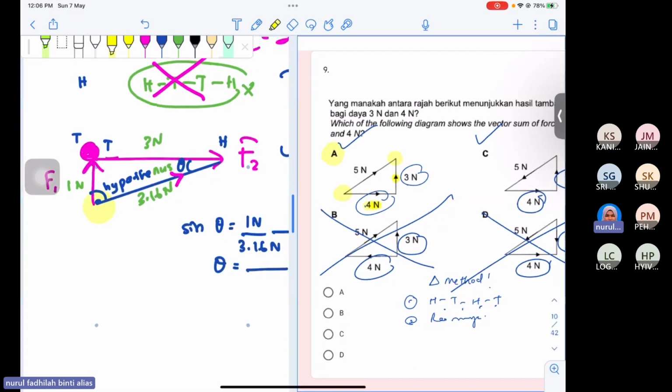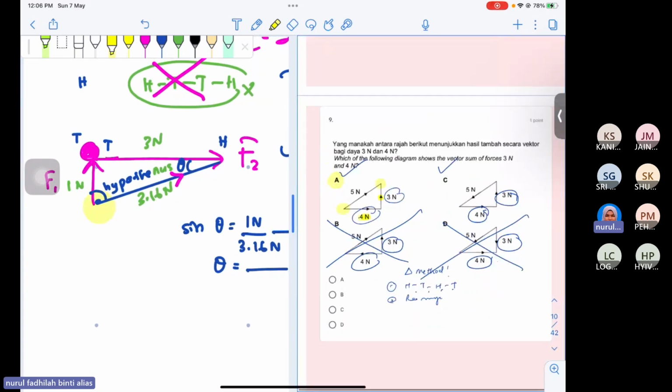So jawapan dia A. Bukan C. C ni salah lah. Boleh? Faham kenapa jawapan A bukan C?